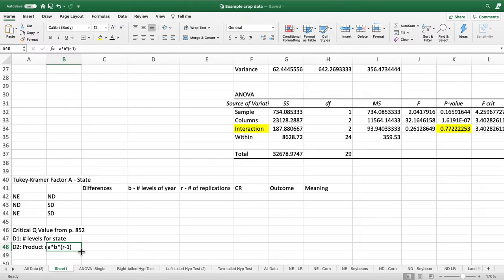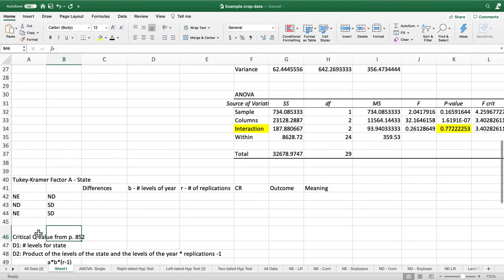Actually, I'll move that down one so you can still see it all. All right, so let's make this just a little bit bigger. I'll wrap that text. My D1 is the number of levels for states. So we have 3 states, so D1 is just a 3.